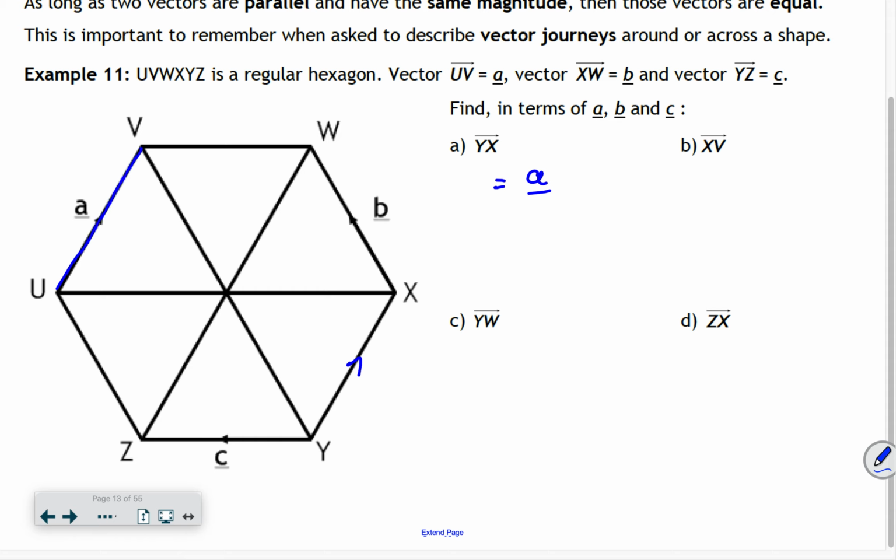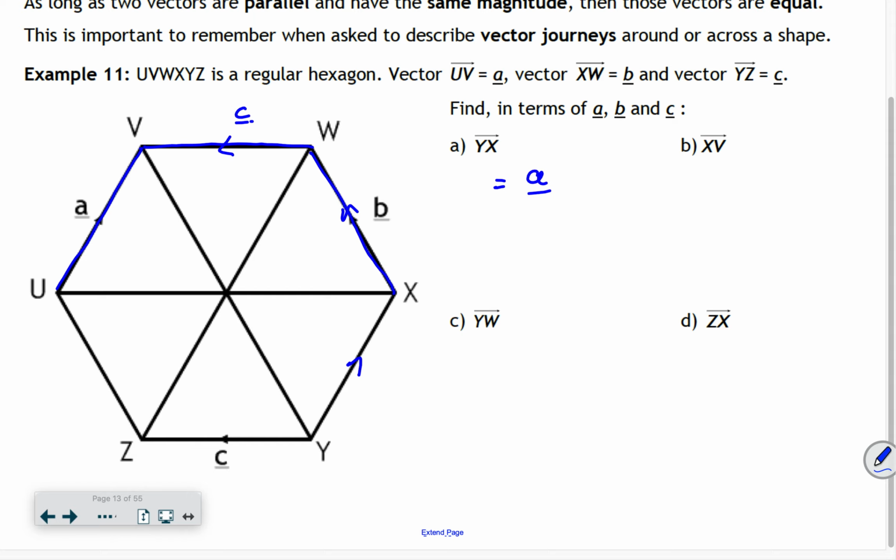Next one, the vector XV. If I want to get from X to V, then I'm going to travel along vector B to here. Then I'm going to travel along this vector here to get to V. So to get from X to V, I go along vector B, but I'm also going along vector C because that's parallel to the vector on the bottom.